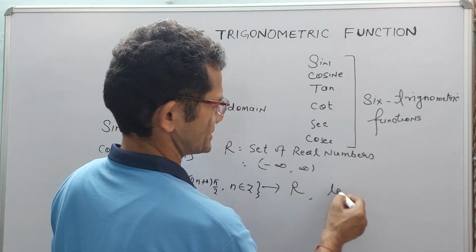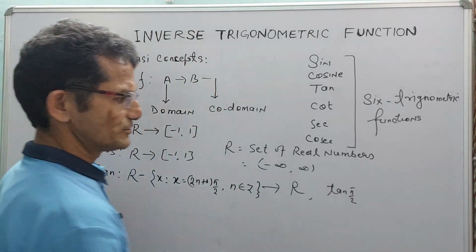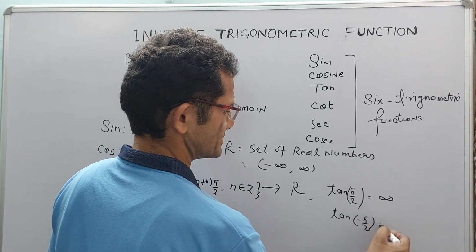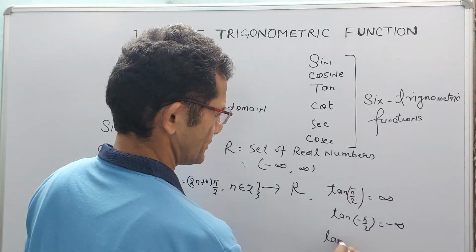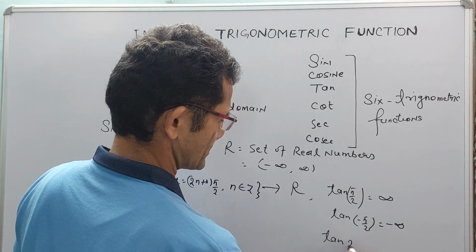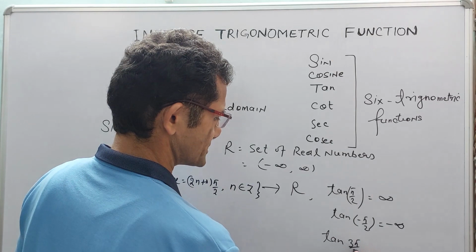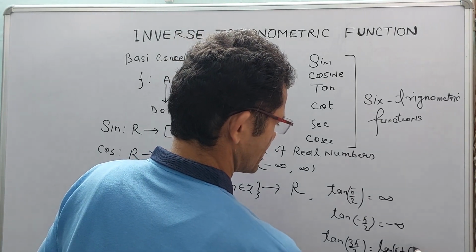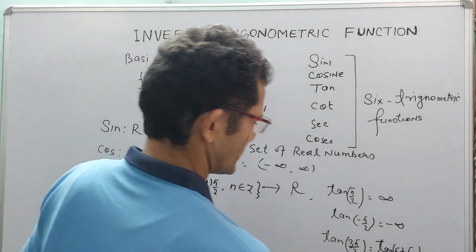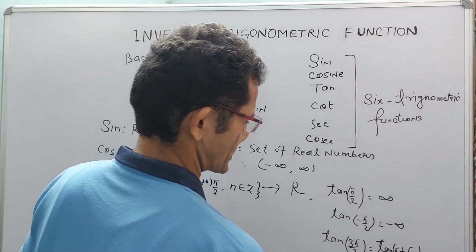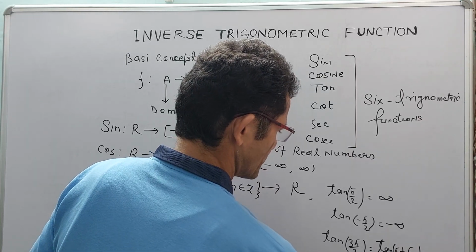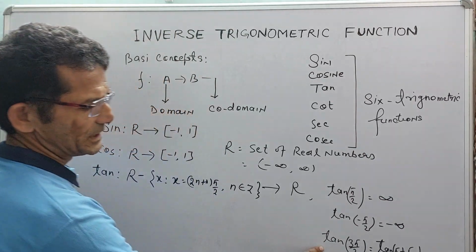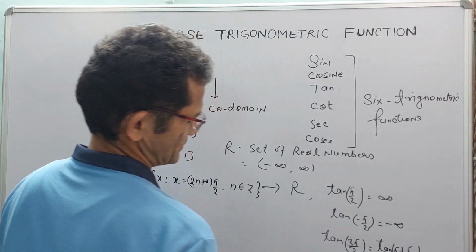We know that for tangent, at 90 degrees, pi by 2 in radians, tangent has the value plus infinity, and at minus pi by 2 it has the value minus infinity. Similarly, at 3 pi by 2, which is pi plus pi by 2, in the third quadrant tangent is positive, so it is again plus infinity. So tangent is not defined at pi by 2 and its odd multiples, and also at minus pi by 2.